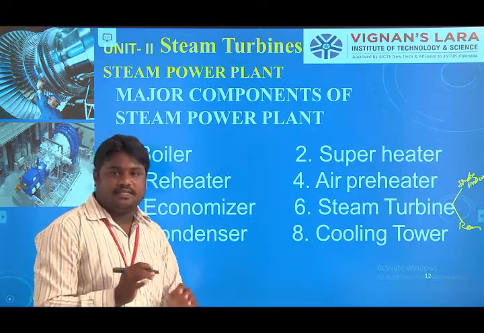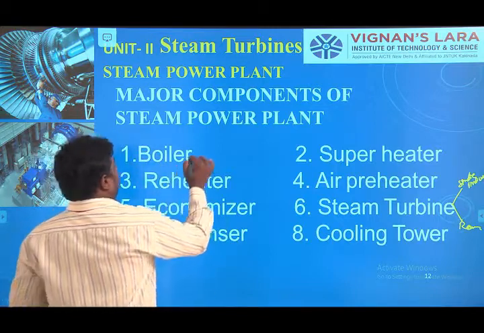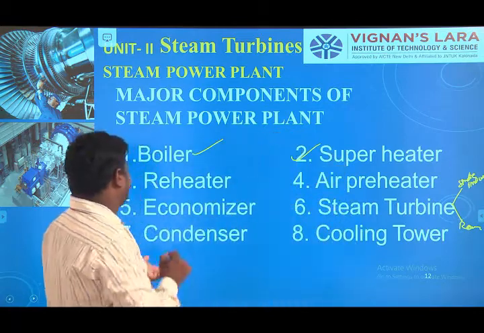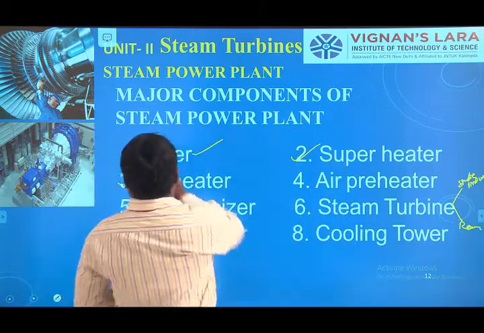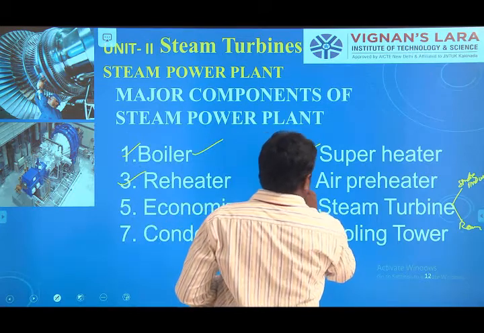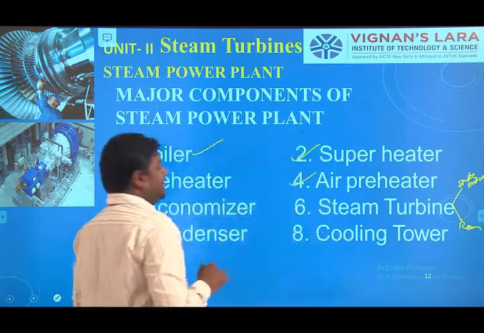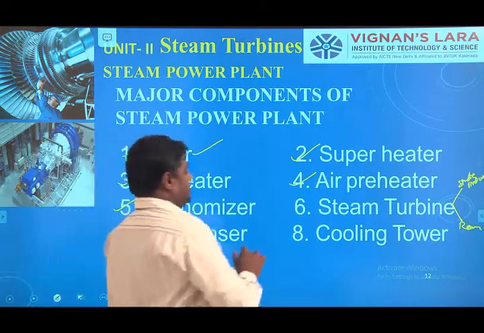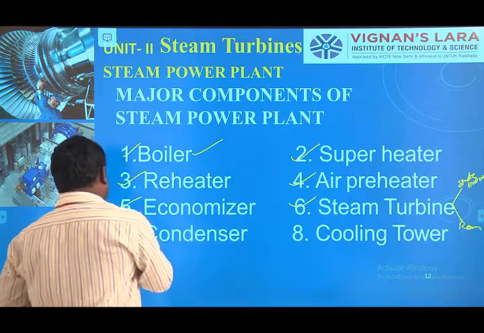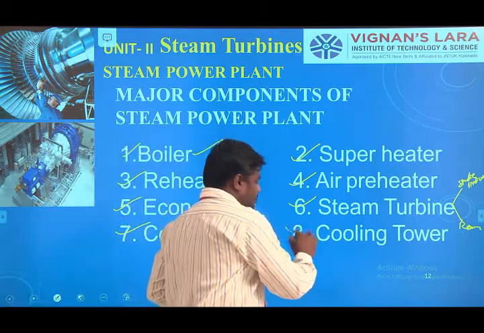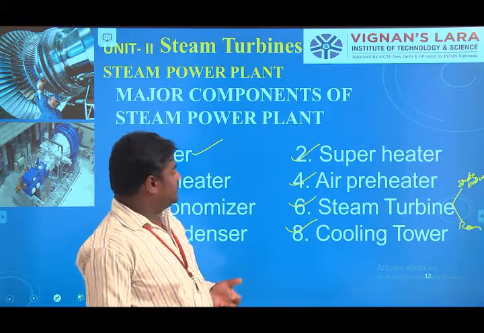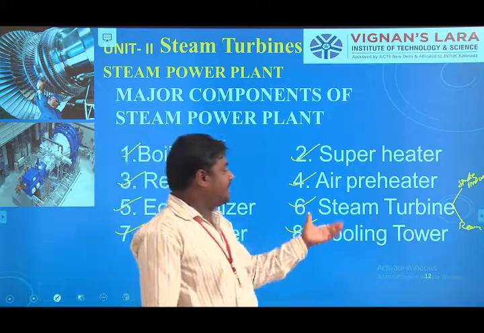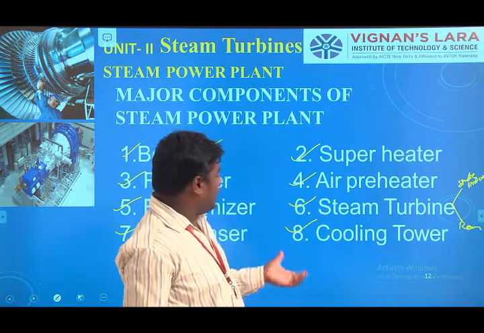The first point is the boiler, the second is the superheater, the third is the reheater, then the air preheater, fifth the economizer, sixth the turbines, seventh the condenser, and the eighth one is the cooling towers. So this is the sequence.